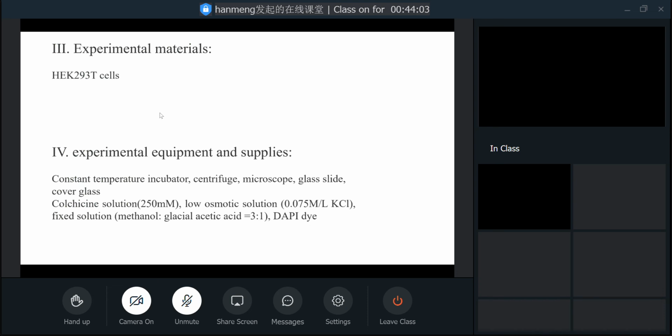HEK 293T cells are the common cells that we culture in our lab, so we use this kind of cells. But many other cells are also okay.